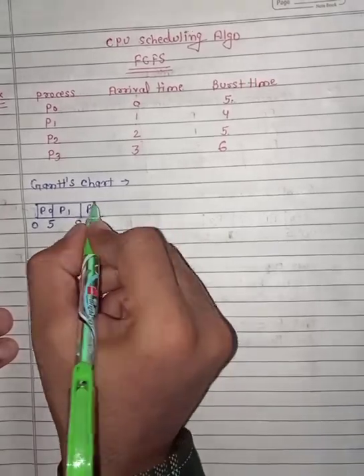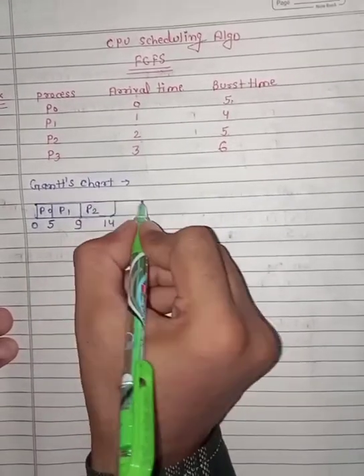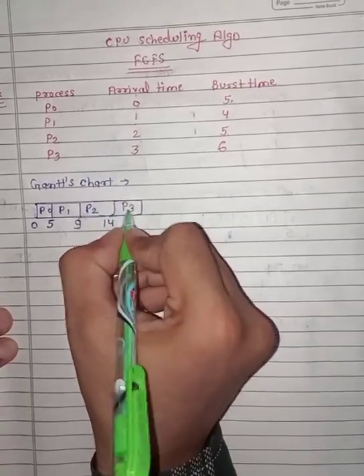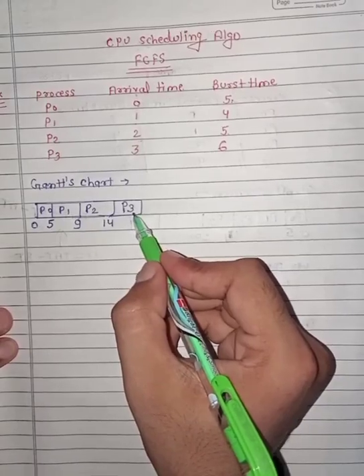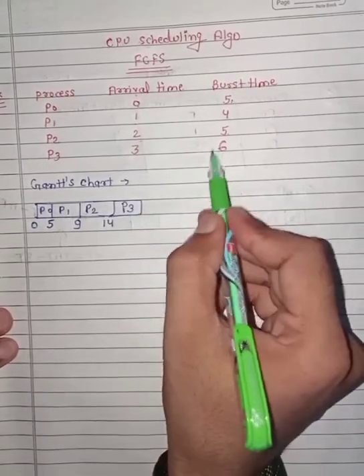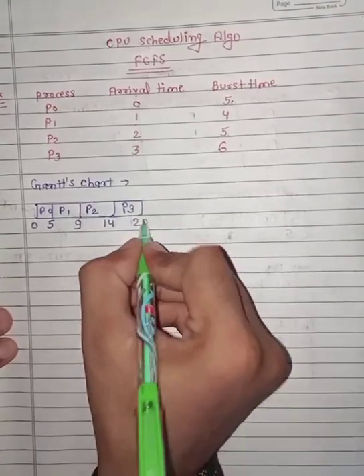So 9 plus 5, up to 14, and P3 will come from the ready queue and is ready to execute, and it will take 6 units of time. So 14 plus 6 is 20.